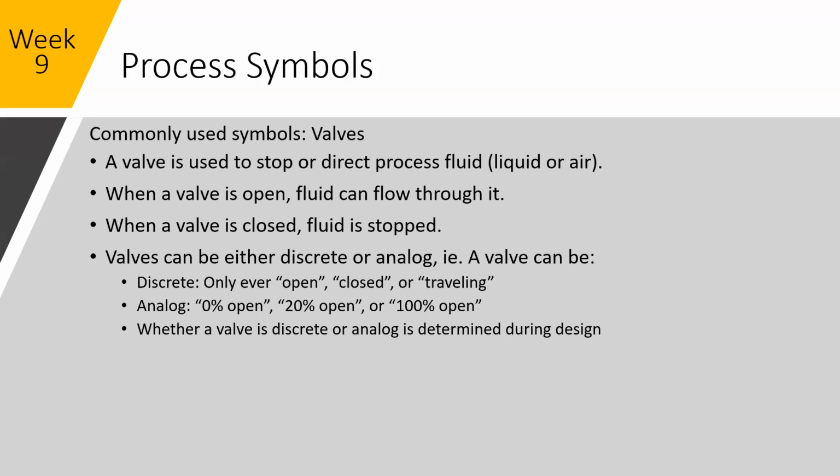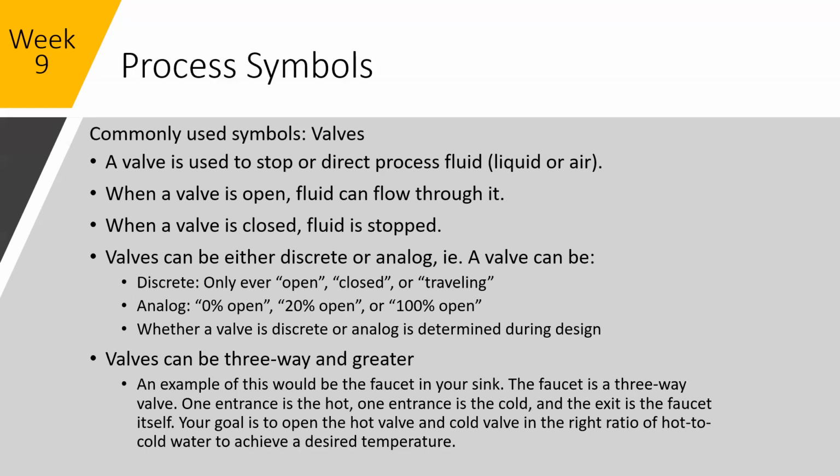There are three-way valves that can be used to direct flow down multiple paths. Valves can be three-way or greater, though I haven't seen more than three-way valves myself. An example of a three-way valve would be your kitchen faucet with a single handle.